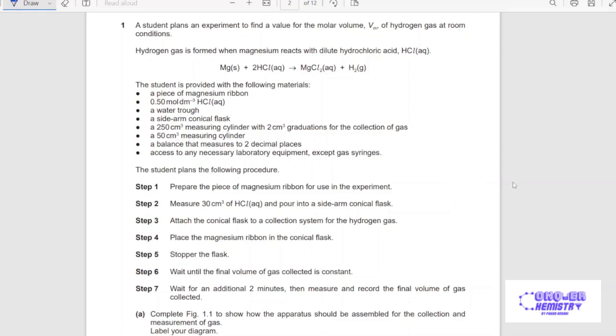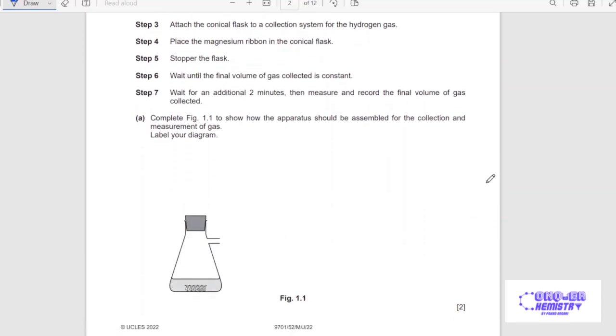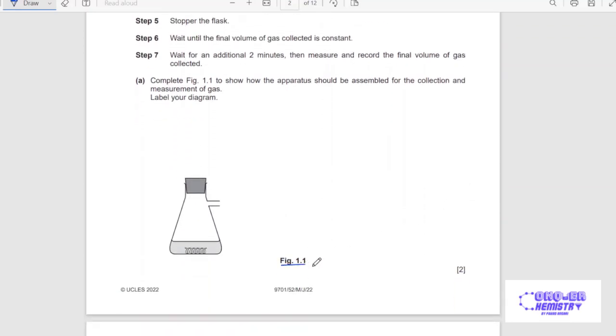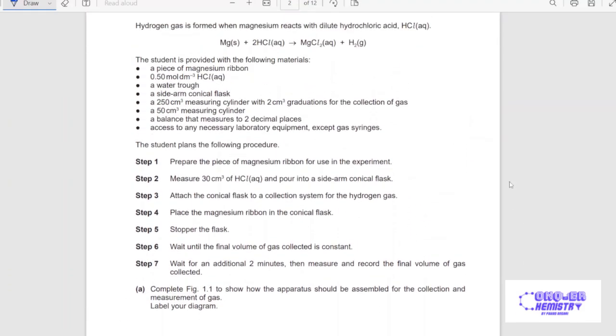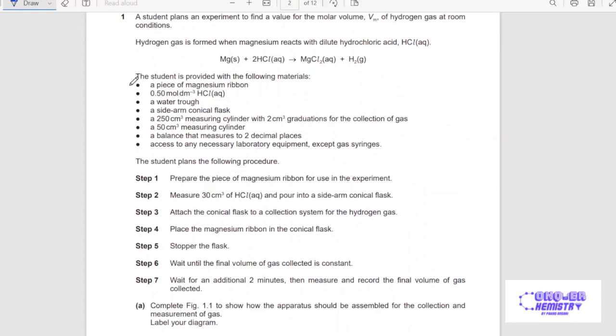Now it says you need to complete figure 1.1 over here to show how the apparatus should be assembled for the collection and measurement of gas, right? So if you look back at the equipment available in this list, you will see that you have everything except gas syringes.